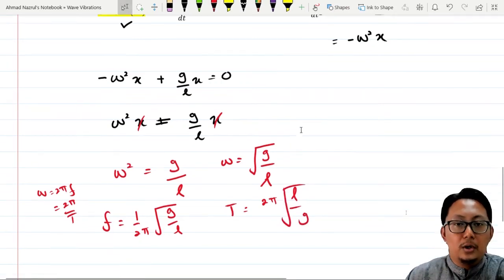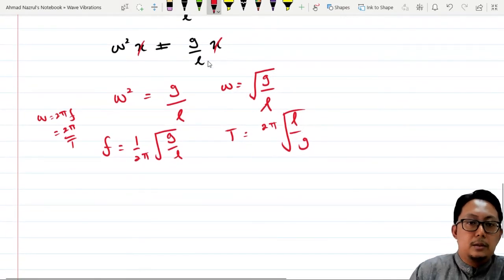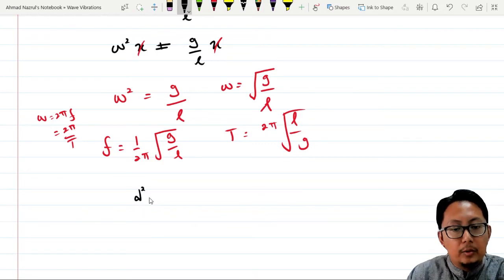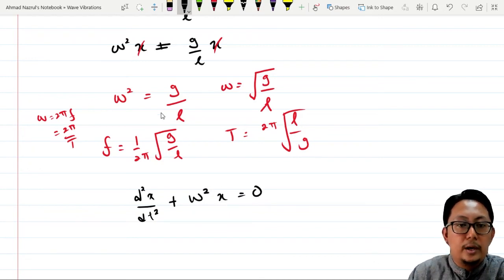So we can put everything in the equation of motion: for the pendulum, d squared x over dt squared plus omega squared x equal to 0, where omega squared is equal to g over L.